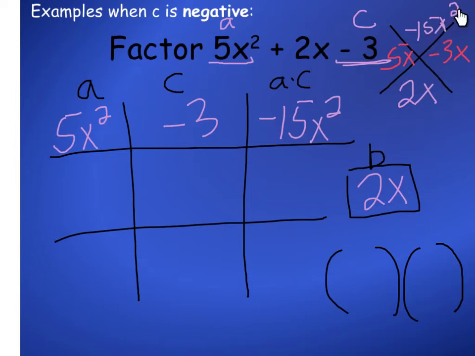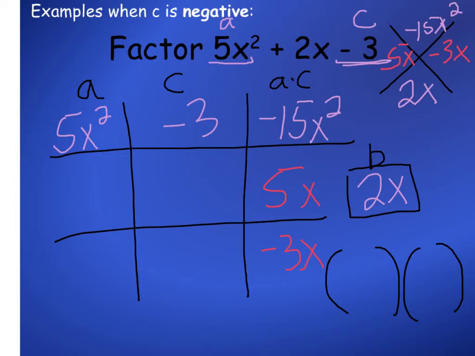I forgot to put my 2 in that last little bit. And let's add these. 5x plus negative 3x is 2x. So I'm going to take these two and put them here. And remember, if you multiply these going up, you should get the top answer. Negative 3x times 5x is negative 15x squared.